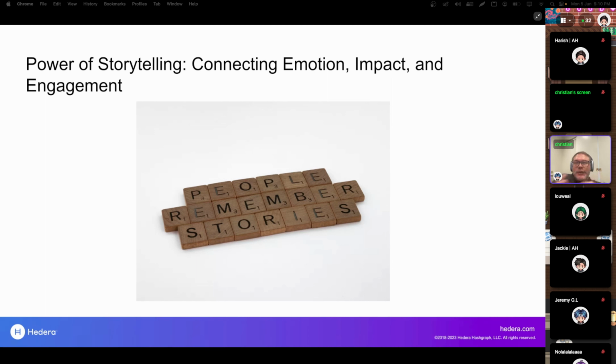So you've built your prototype, you feel really good about it, and now you have to sell this idea to the judges and also to your potential users. And this is where the power of storytelling is really important.